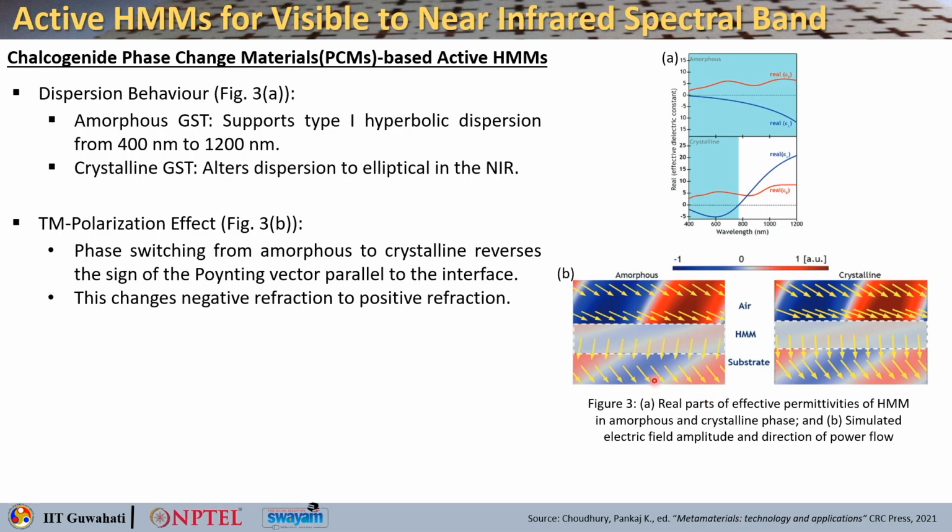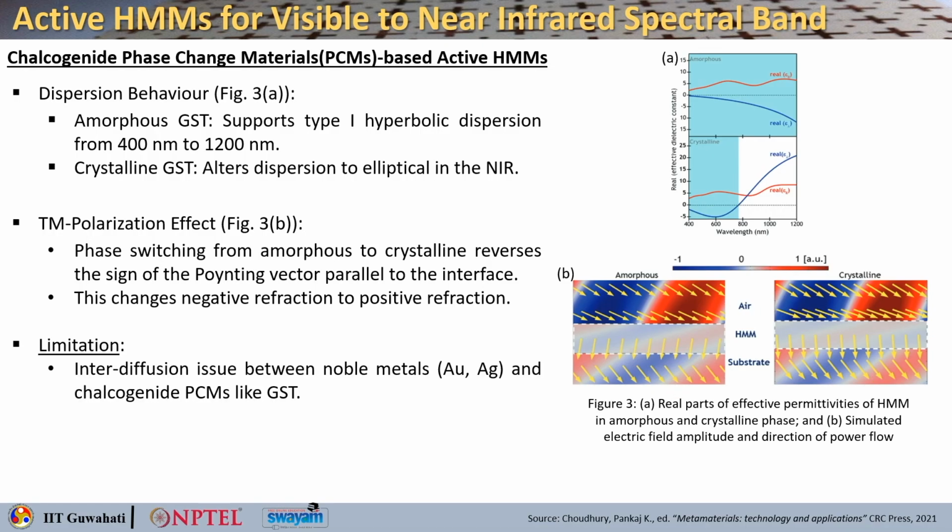In the first case, when it is amorphous, it is behaving like a type 1 hyperbolic metamaterial. So, you have the Poynting vector where the component parallel to the interface is in the left direction. But when it transitions to the crystalline phase, that component changes sign and is towards the right direction. So, that is the change that is happening from negative refraction to positive refraction.